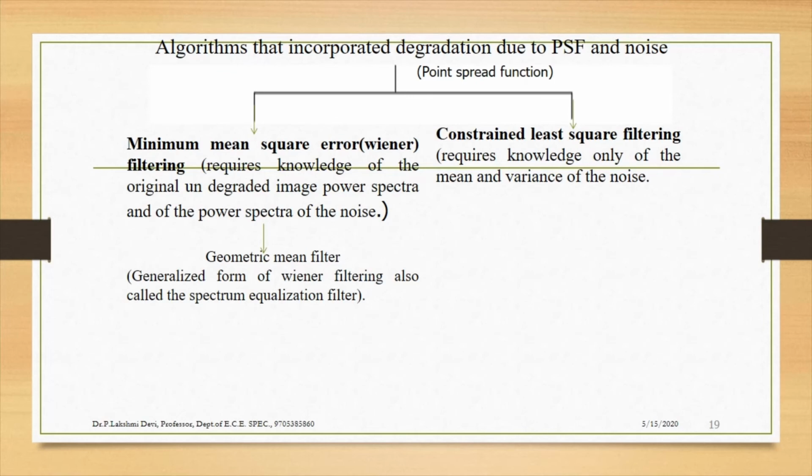This is another name for that particular filter. So these are the minimum mean square and constrained least square filtering concepts.